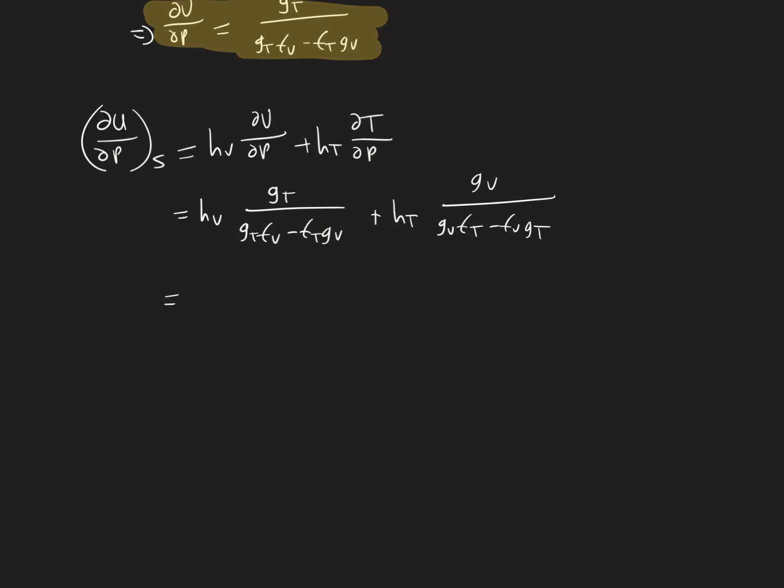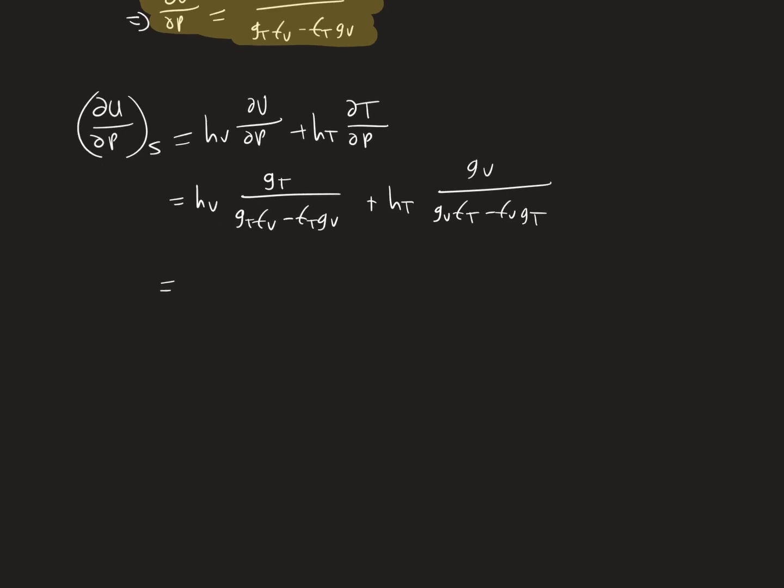And we can put everything together into one fraction. And if we do that, we get (h_v g_t − h_t g_v) divided by (f_v g_t − f_t g_v). So this is the final expression that we find for ∂u/∂p, where we keep s constant.